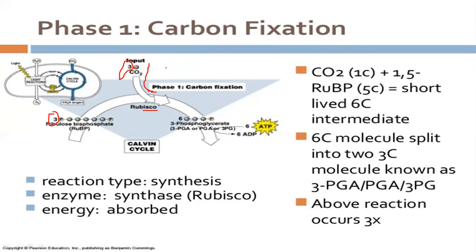So this happens in C4 plants. Here, the first stable compound is 3-PGA, which is a 3 carbon compound; you can see 1, 2, 3 carbon atoms there. But in C4 plants there are 4 carbons in that compound, the first stable compound in C4 plants.